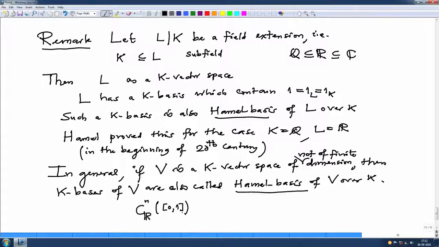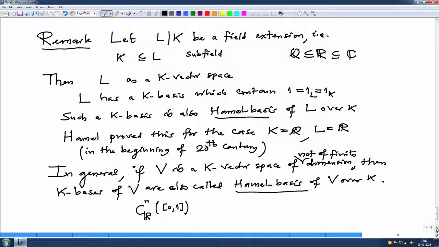This is an R vector space and this is not finite dimensional. So we know by the abstract theorem this has a basis, and one can also prove that the basis is actually not countable. So such bases are called Hamel bases. Okay.